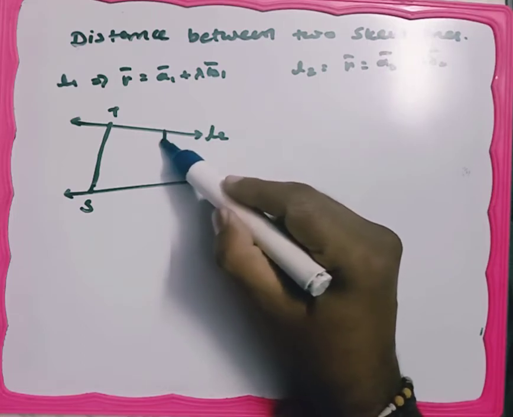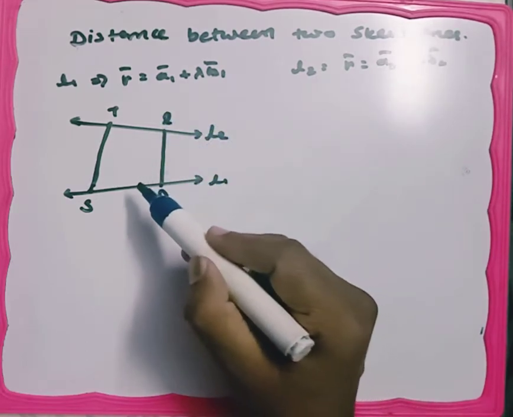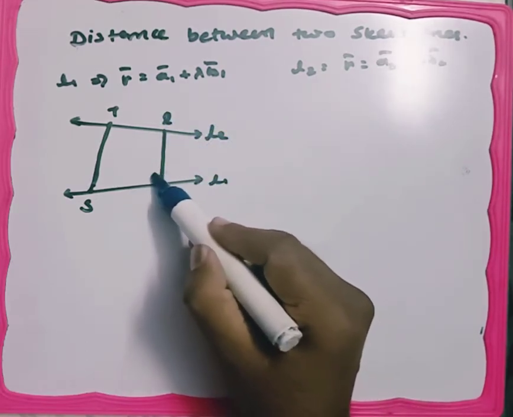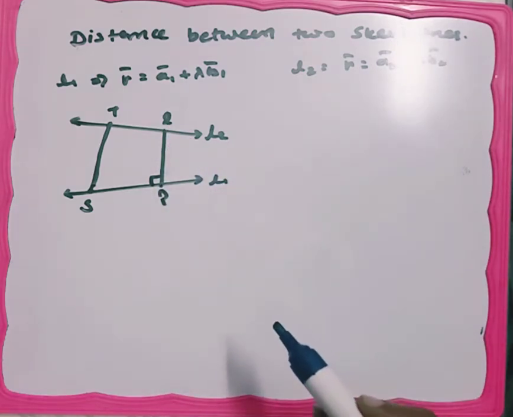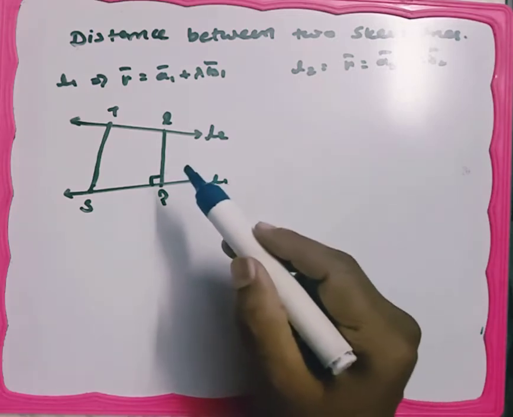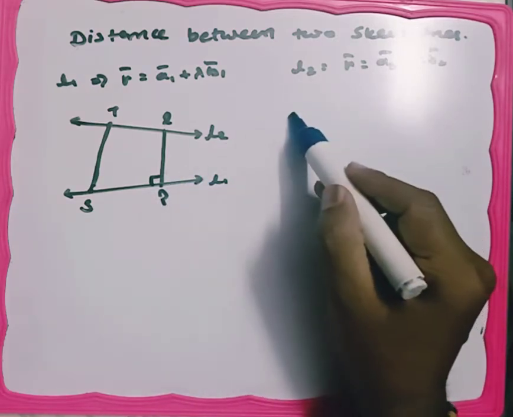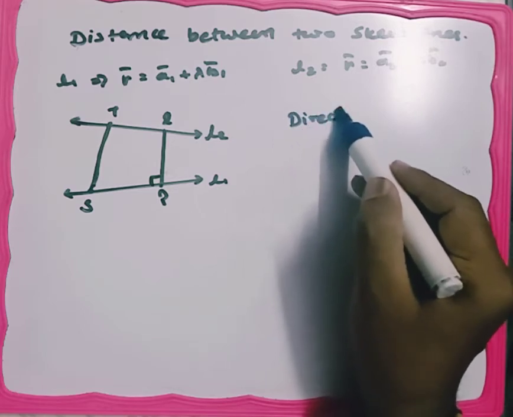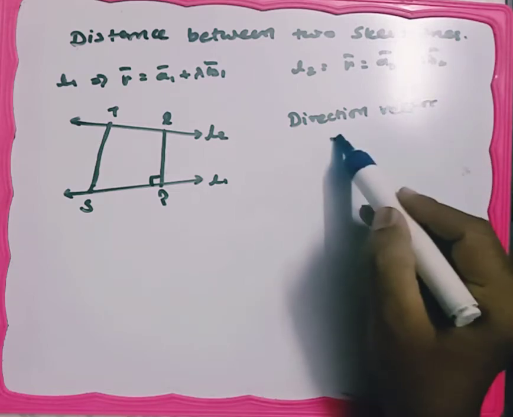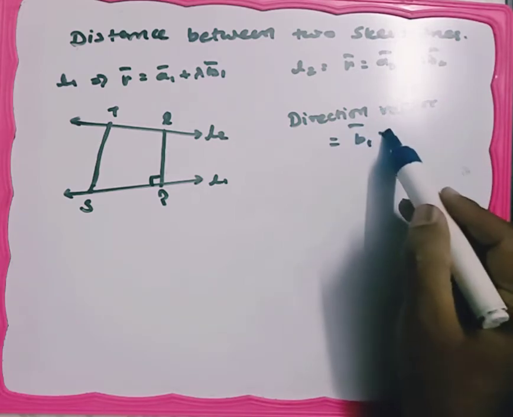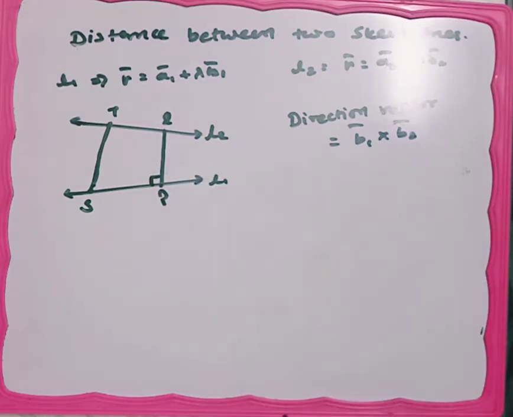So if we take PQ as the shortest distance between L1 and L2, the shortest distance is perpendicular, and so the direction vector of PQ we will get by B1 bar cross B2 bar, as PQ is perpendicular to both L1 and L2.